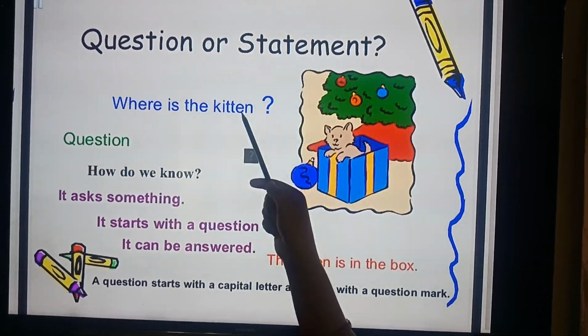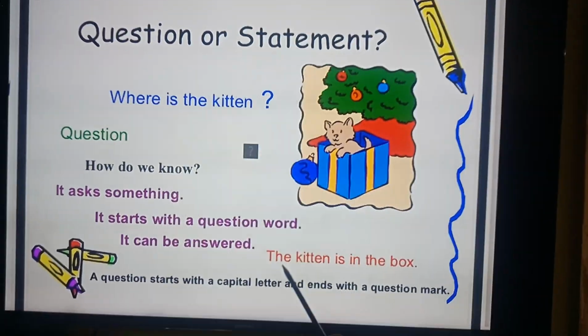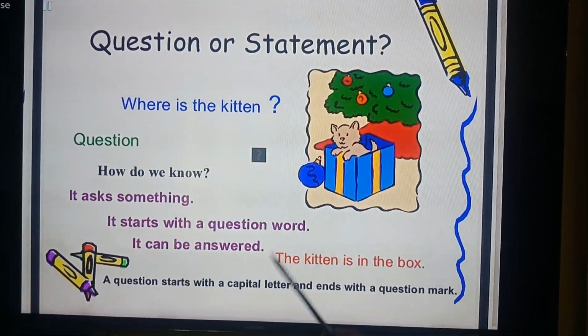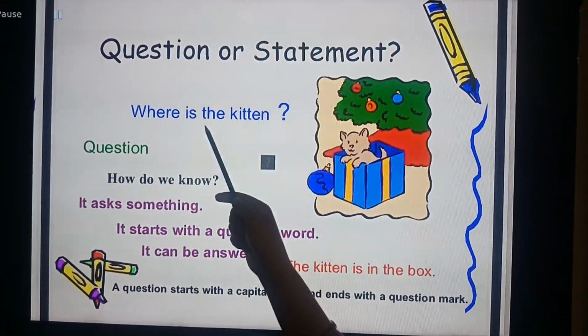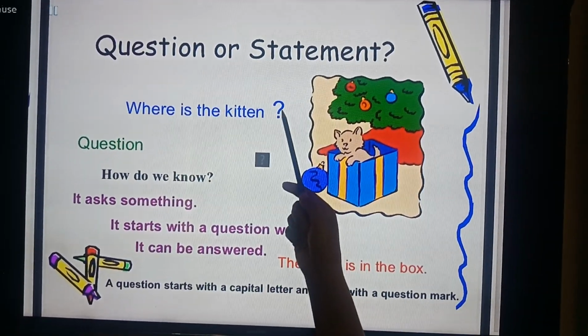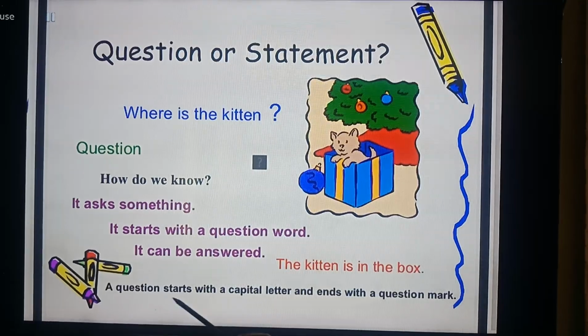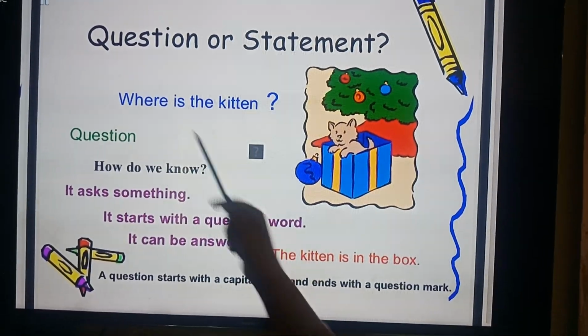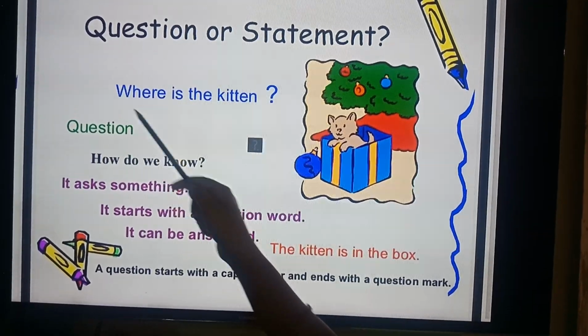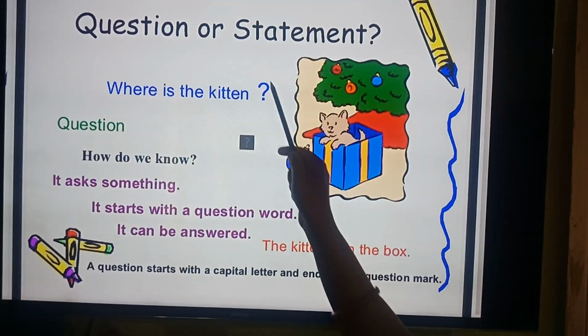Where is the kitten? You can simply give the answer: The kitten is in the box. That means this sentence is a question. You know, children, a question starts with a capital letter and ends with a question mark.